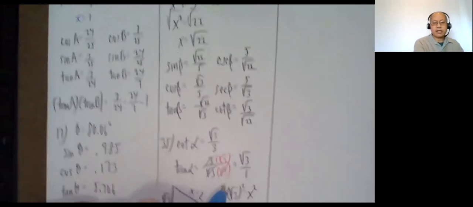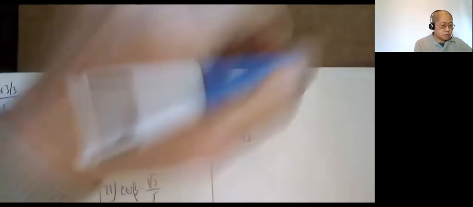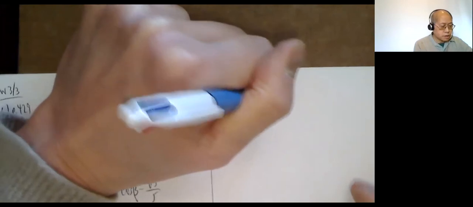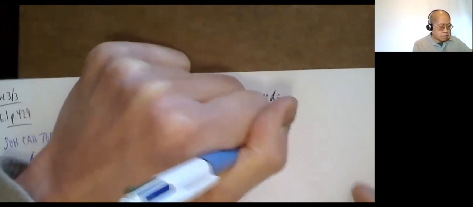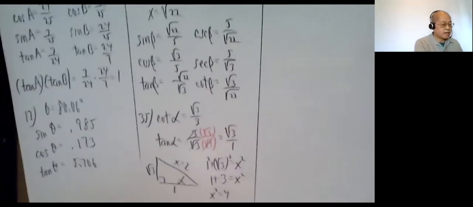And tangent, we already got that. Radical 3 over 1 or just radical 3. And then the reciprocals. Cosecant alpha, secant alpha, cotangent alpha. And cotangent, we already had that. That was given, radical 3 over 3.